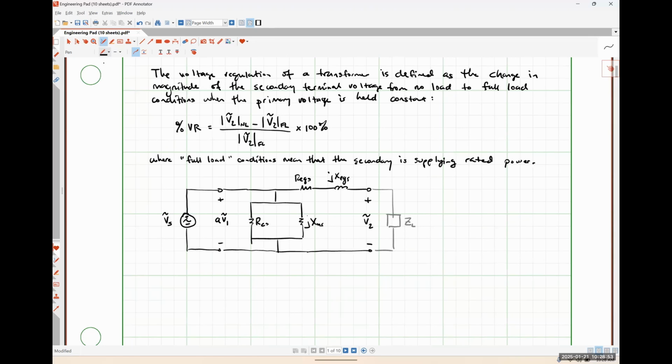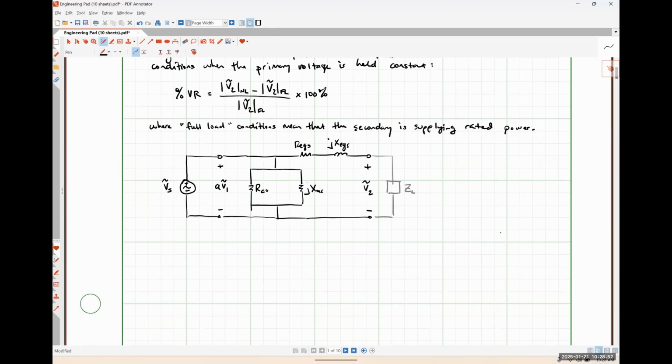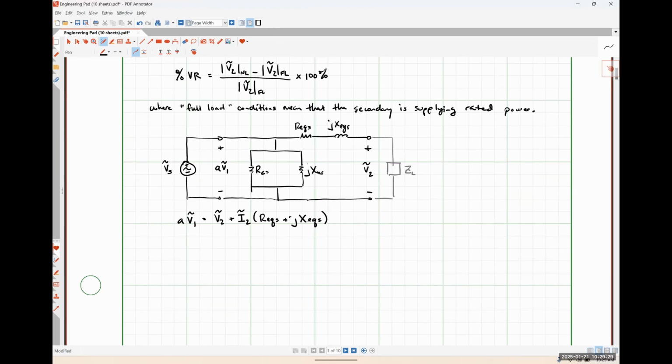So what we could find by applying Kirchhoff's voltage law around this loop is that A V1 is going to be equal to V2 plus I2 times REQS plus J XEQS, and the magnitude of A V1 is literally the same thing as the magnitude of V2 under no load conditions. Okay. So let's work an example here then.